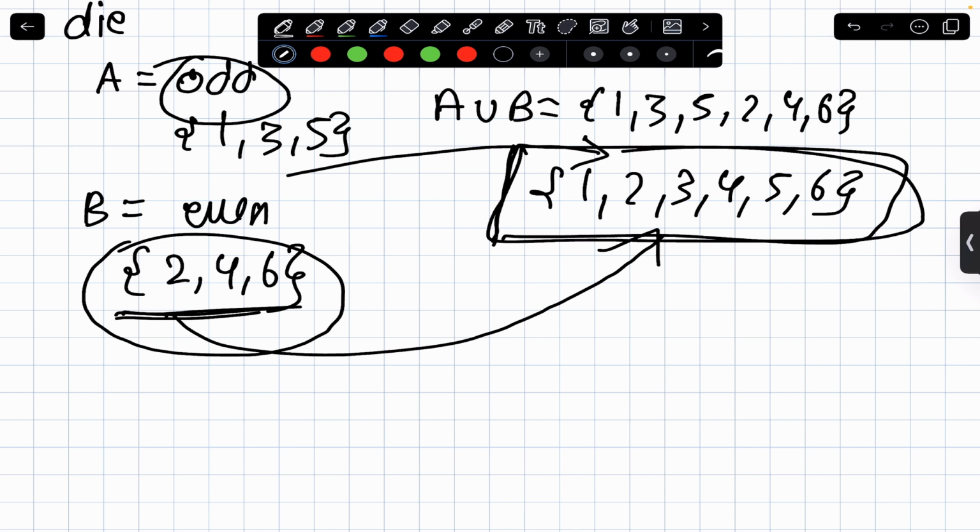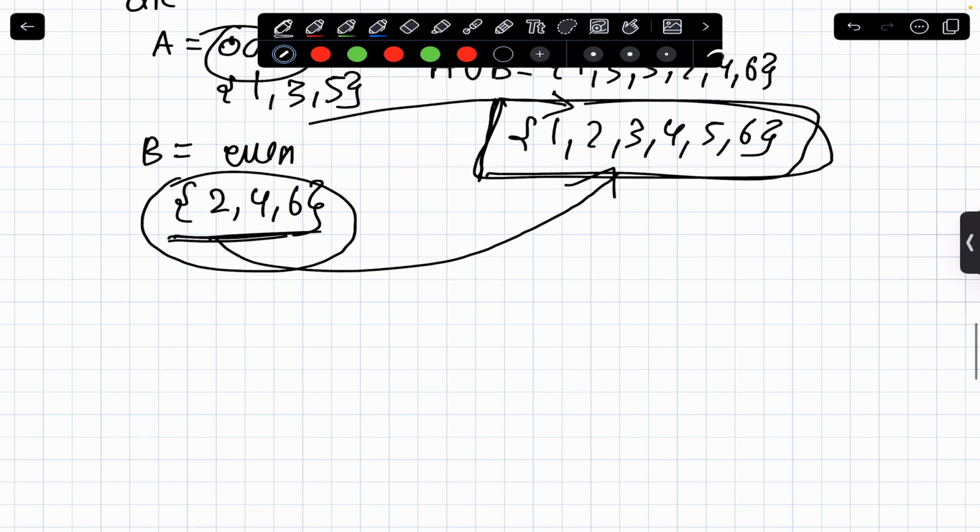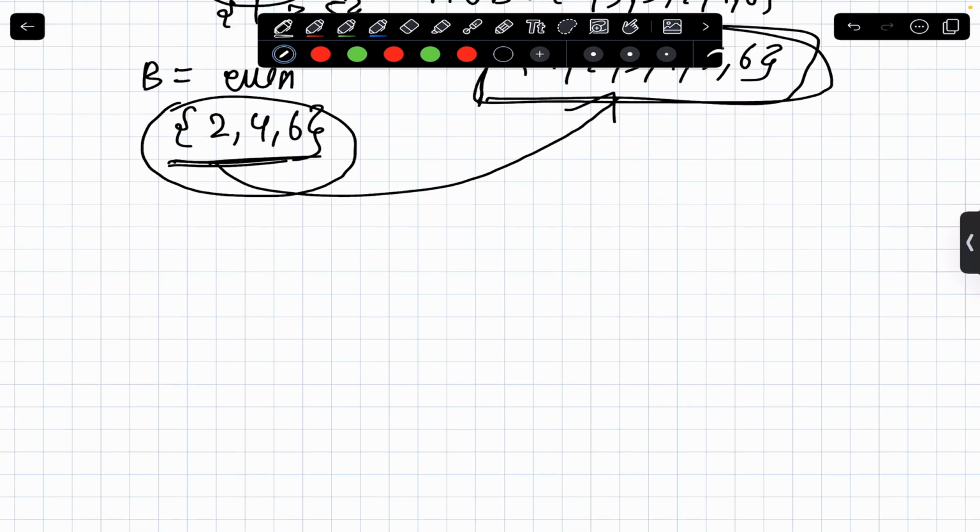Or both, that it is even also or odd also. We are talking about the events, not the die's numbers; we are talking about the events that it is odd or even. We did the union of it, and now we are finding the probability of the union of A and B. Now, with the help of the previous example, what is the probability of woman union married?